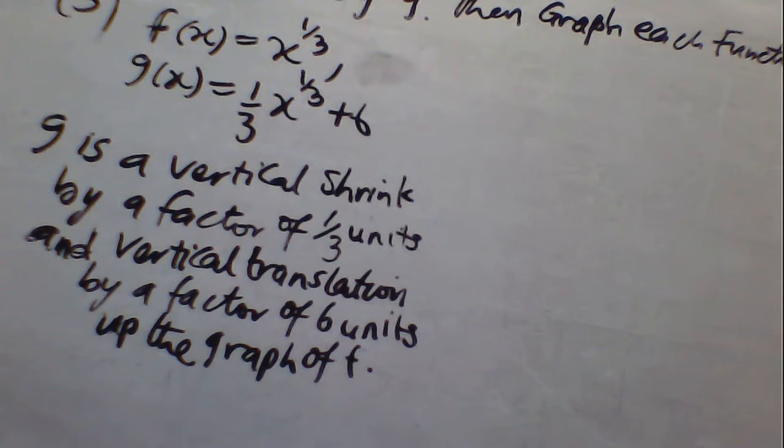So it's a vertical shrink by a factor of 1 over 3 and a vertical translation by 6 units up the graph of f.